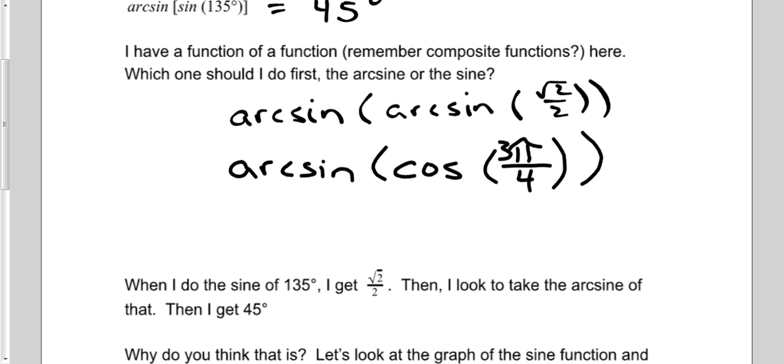What's that? Nice. Why can't I do arc sine of tangent? What's the range of tangent? What does tangent look like? If I drew a little thing here and I did a tangent, it would go like that.